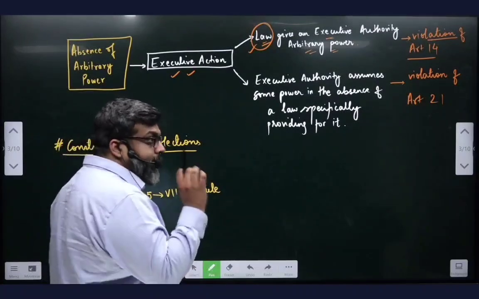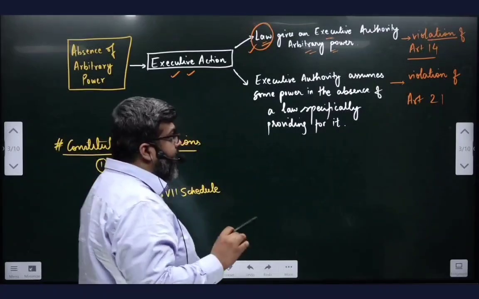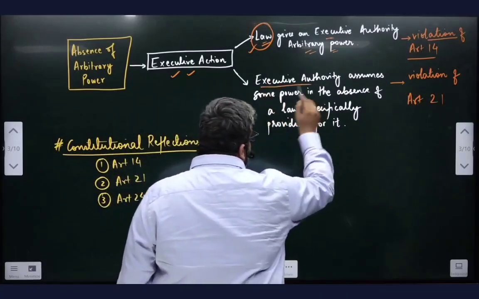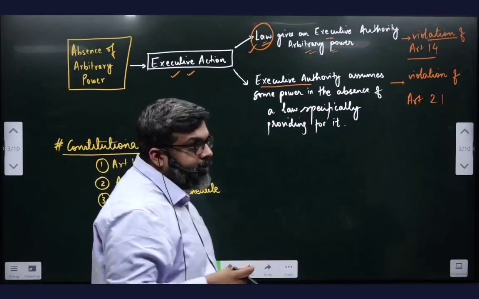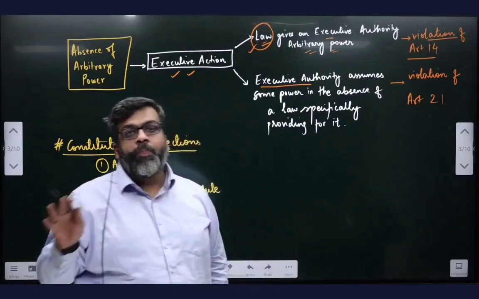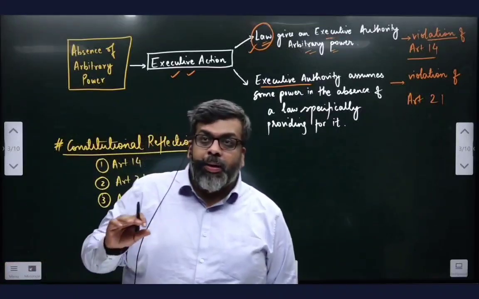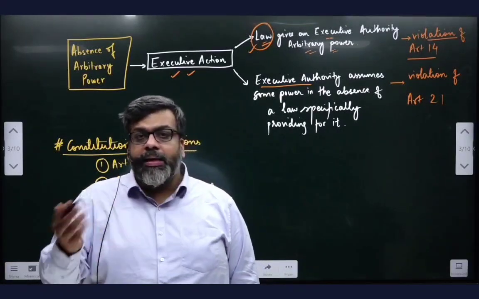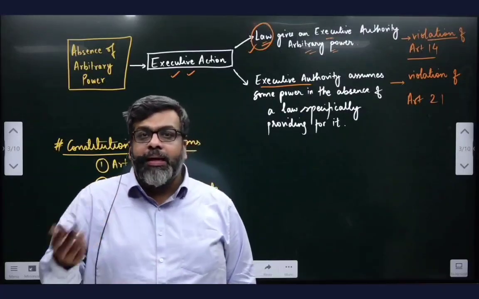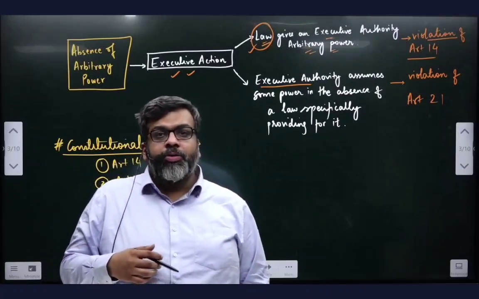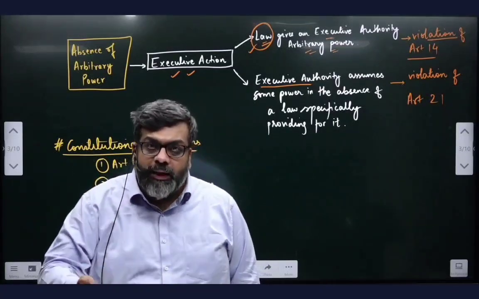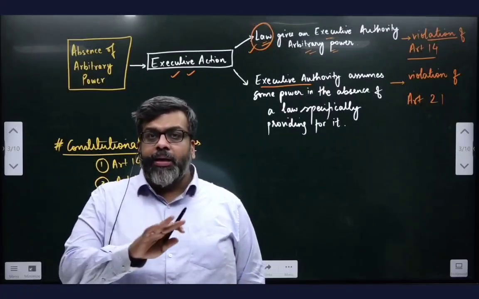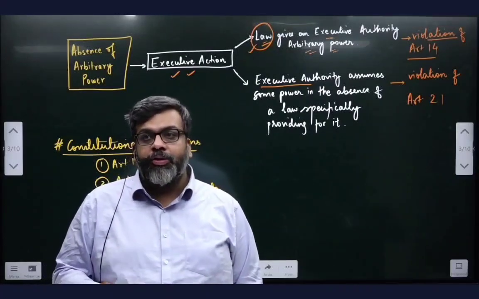Similarly, sometimes, very, very rarely, the executive authority will do something when there is no law providing for it. You are punishing somebody, taking action against somebody, illegally arresting somebody, illegally detaining somebody, illegally confiscating somebody's property. Under no law do you have the powers to do this.